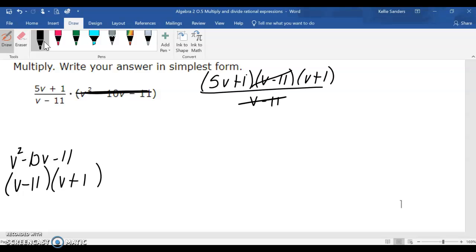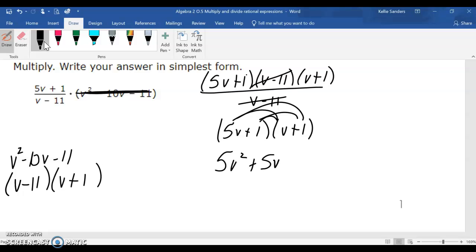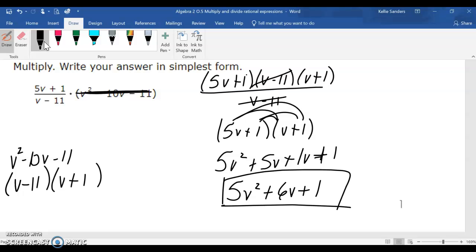Hey, those will cancel out. But, again, you're going to hear me say it quite a bit this lesson. Unfortunately, we have to multiply that back out. So 5v squared plus 5v plus 1v plus 1, 5v squared plus 6v plus 1.